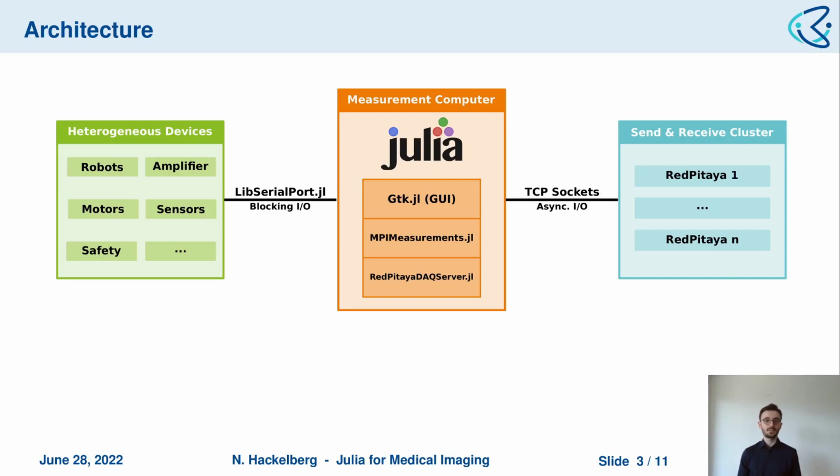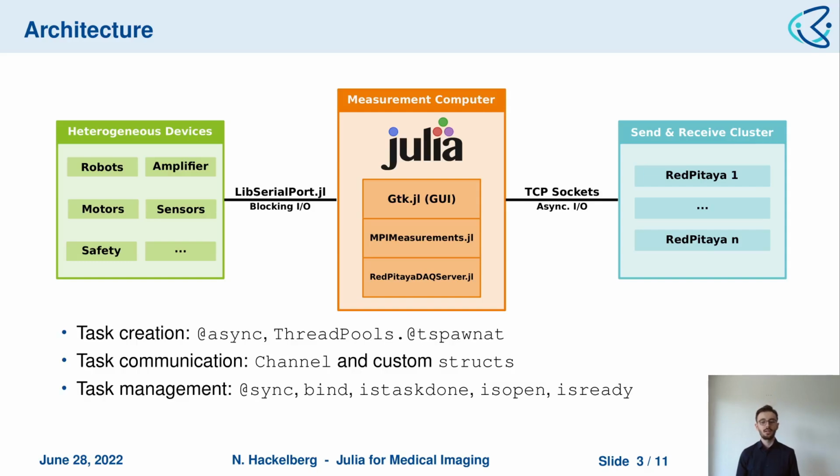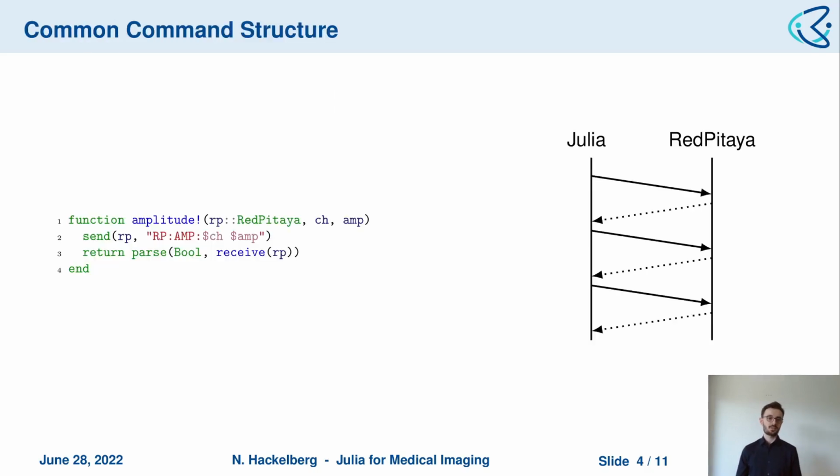And from Julia's threading capabilities, we are using a lot of the newer features, mainly the ability to spawn tasks on dedicated threads. And for task communication, we mainly use channels that pass around custom structs. Now, when MPI measurements wants to configure these repeaters, it's usually calling functions that look like this.